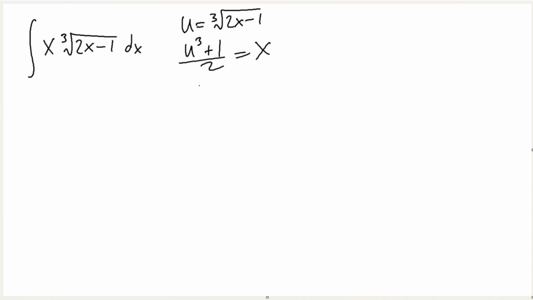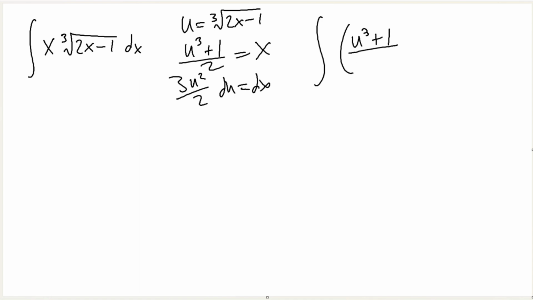That's fine with me, because now the du is just 3u squared over 2. So what is my x? x is u cubed plus 1 over 2. And then I have u, and then 3u squared over 2 du.